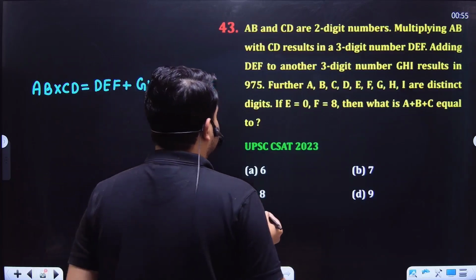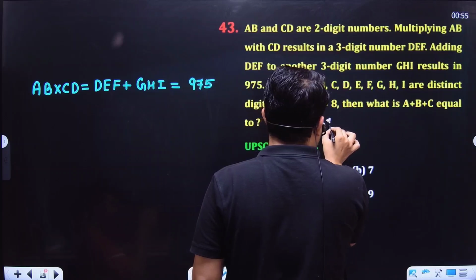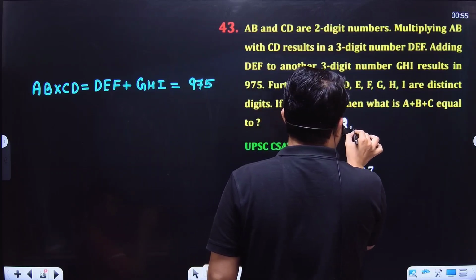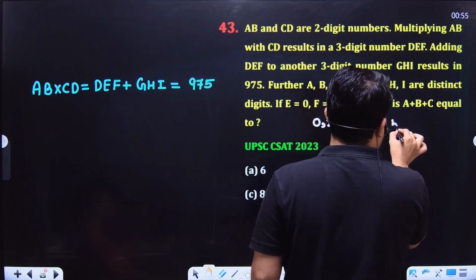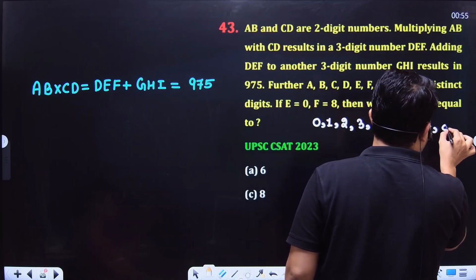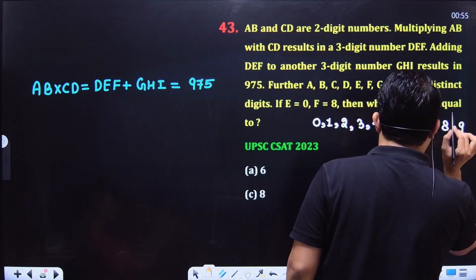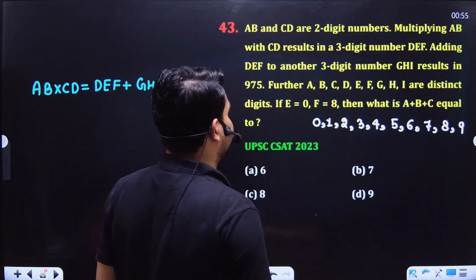See, distinct digit means either 0, 1, 2, 3, 4, 5, 6, 7, 8, or 9. They are distinct digits. So A, B, C, D, E, and F can take these values.